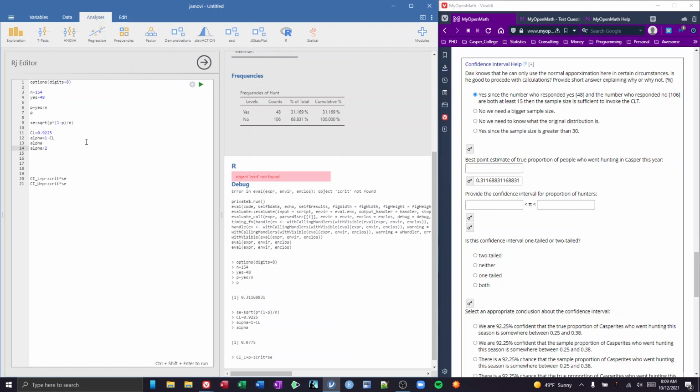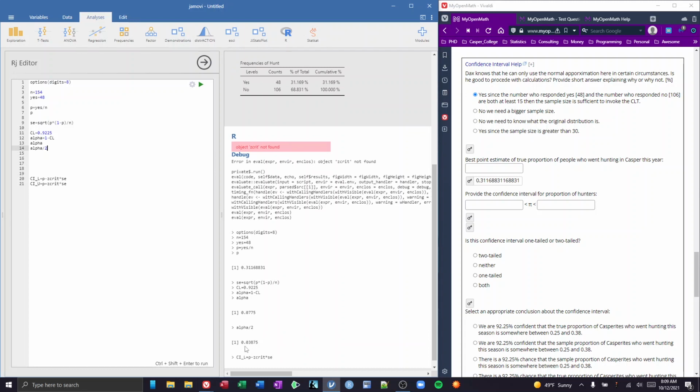Now, we are doing this because since we're doing two tails, we're going to have an upper and a lower bound, and we're going to put our errors on both the upper and the lower ends. So that's why we're doing this alpha divided by 2. So let's run this real quick. We get alpha divided by 2 is 0.03875. Okay, excellent.